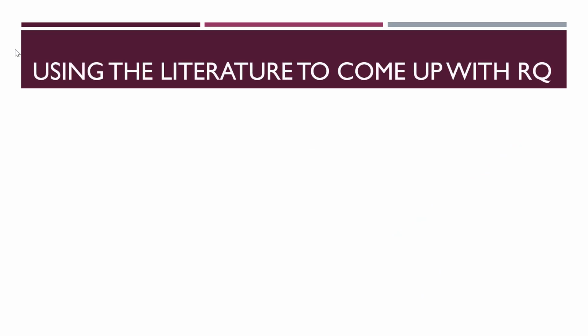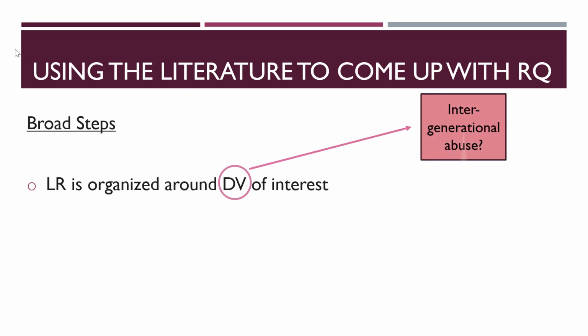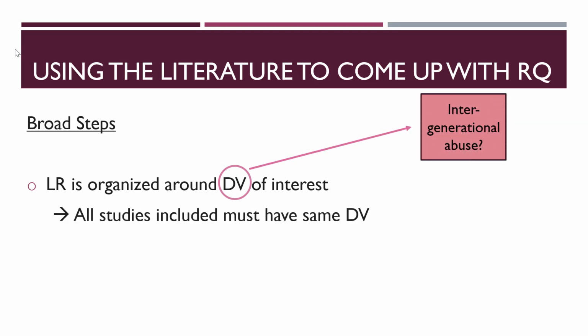Okay, so how do we do this? Broad steps. The literature review is organized around the dependent variable of interest. So our dependent variable was intergenerational abuse. So what that means is that all the studies that I include in my review have to have the same dependent variable.